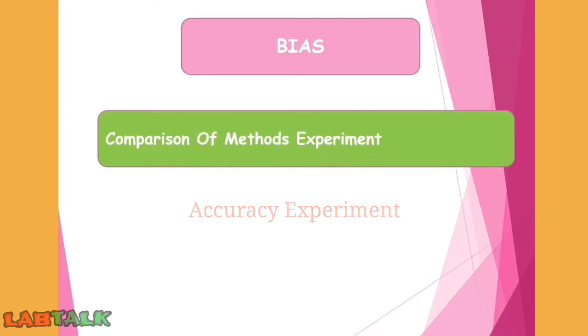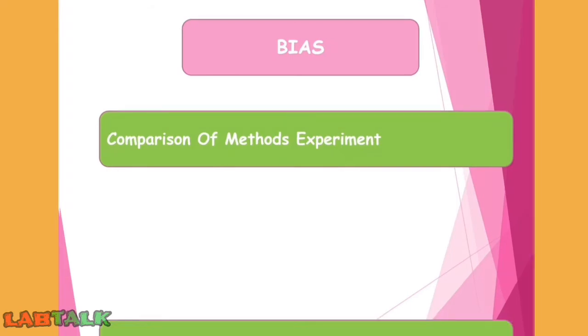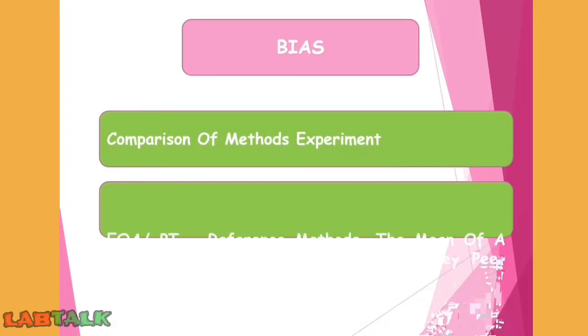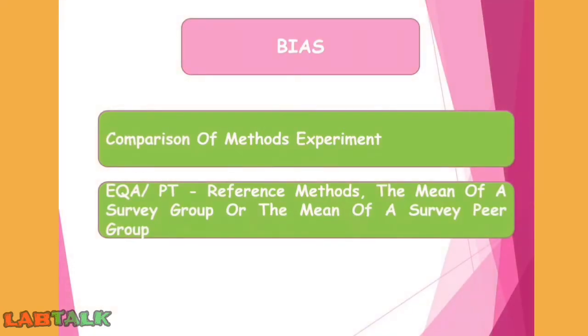The next option for collecting the bias of the specific analyte is to use the EQA data or proficiency testing data, where the laboratory's report is compared against the reference method or peer group of the survey group. So from the PT program or the EQA program, the bias can be calculated.